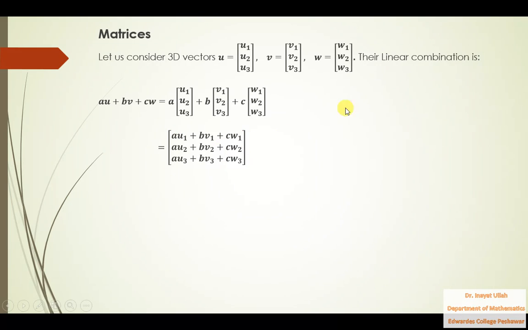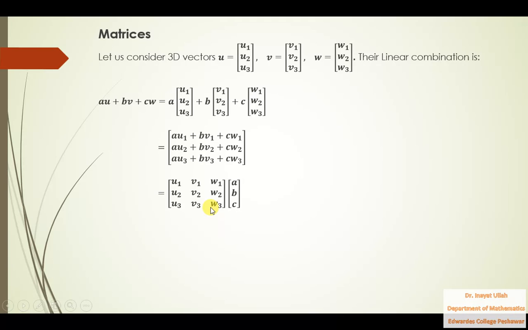We can write this sum in this form, just like if you have studied the matrix form of linear equations, that we write x, y, z in the first row, then x2, y2, z2 in the second row, similarly x3, y3, z3 in the third row. So instead of x, y, z, there are u's, v's and w's in the first matrix, and a, b, c in a column matrix.